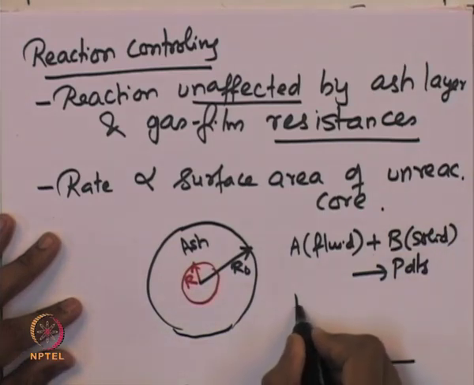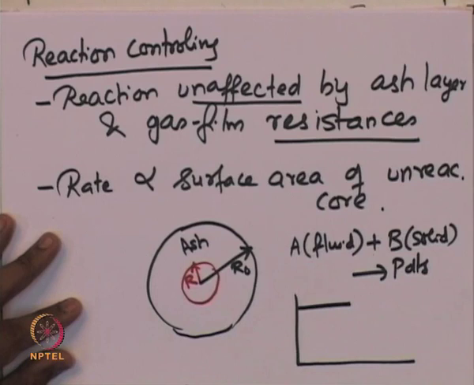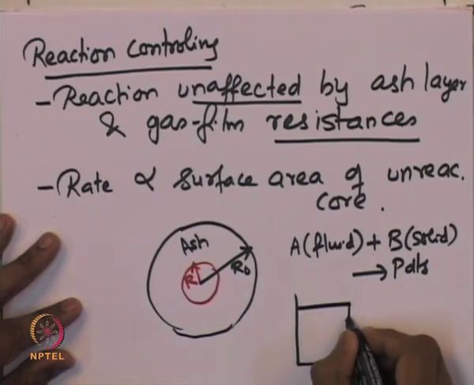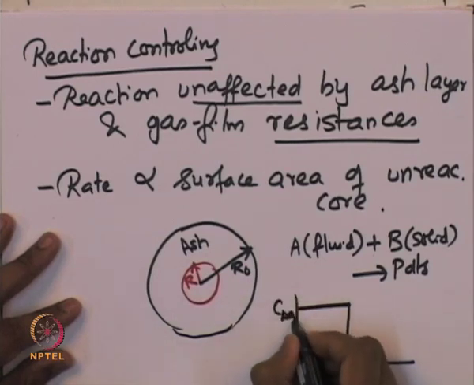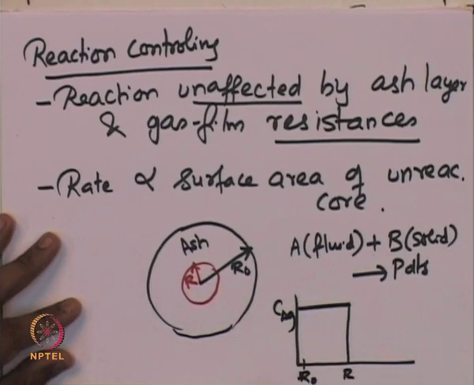And so, we expect the concentration of the species between r and r naught, if this is r naught, will be equal to the concentration of the species in the gas phase, and this is the center of the core.